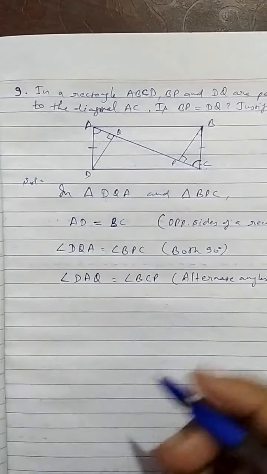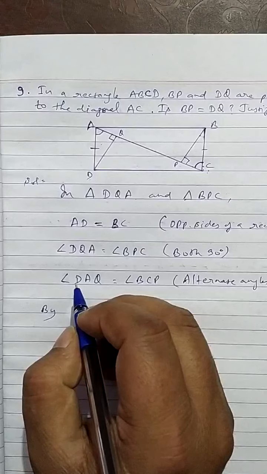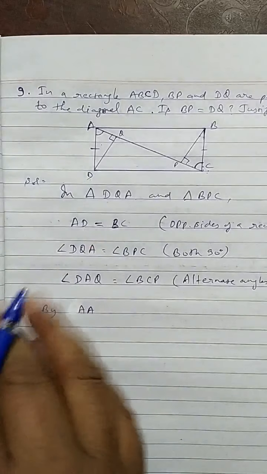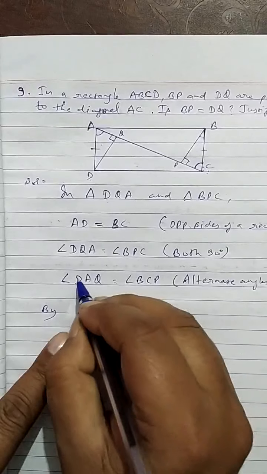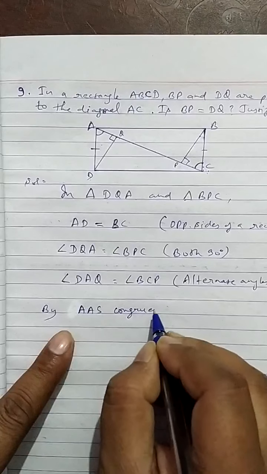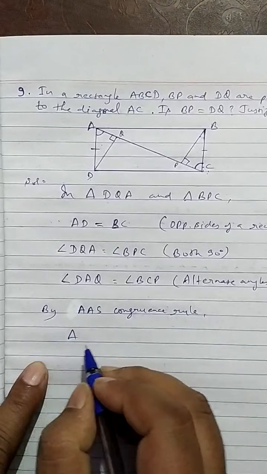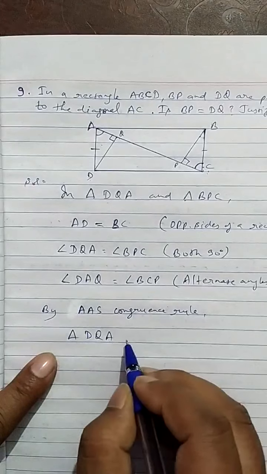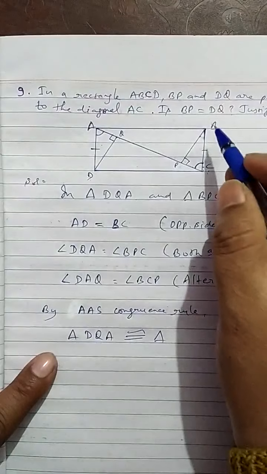So here we have angle side, because side angle does not exist, but angle side exists. Angle side congruence rule, triangle DQA is congruent to triangle BPC.